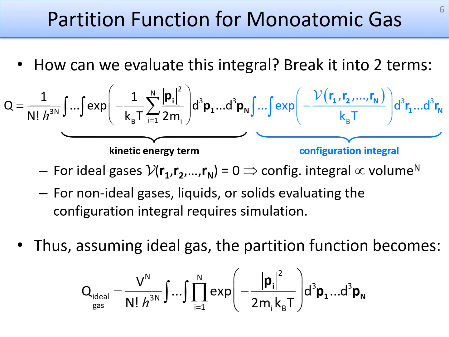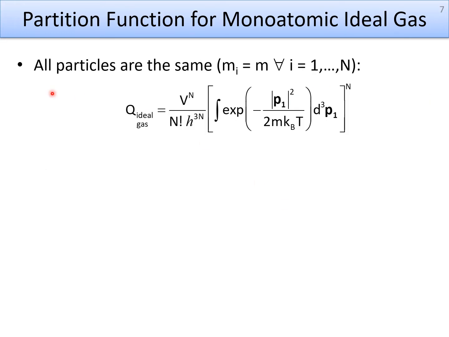And we can make some further simplifications. By noting that all particles are the same, and therefore have equal mass, the product that I just wrote a moment ago is simply equal to this term for just the first particle raised to the nth power.